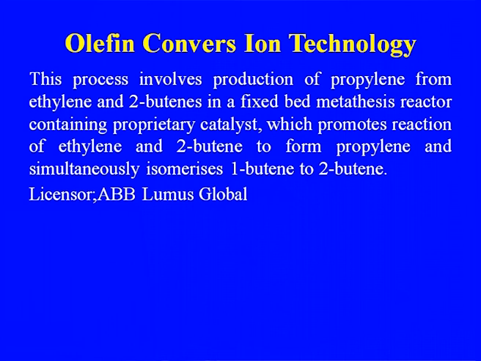The ethylene and 2-butenes go to a fixed bed metathesis reactor containing proprietary catalyst which promotes reaction of ethylene and 2-butene to form propylene and simultaneously isomerizes 1-butene to 2-butene. So, that will be again available. The licensor is ABB Lummus Global.